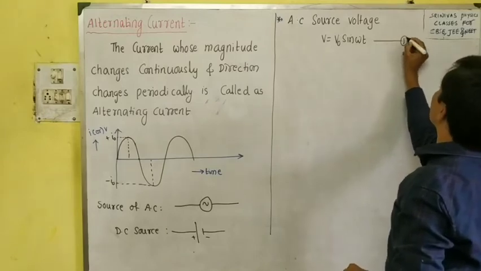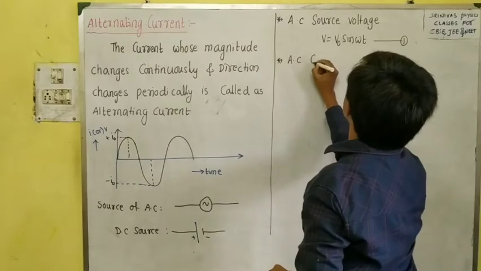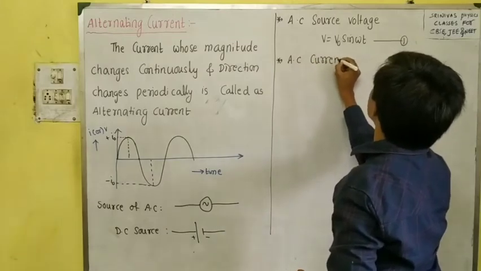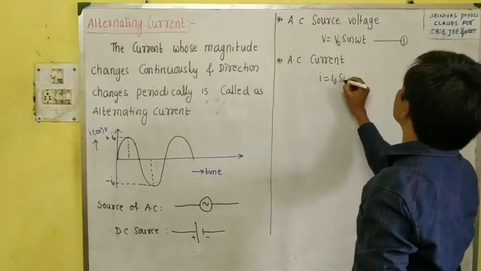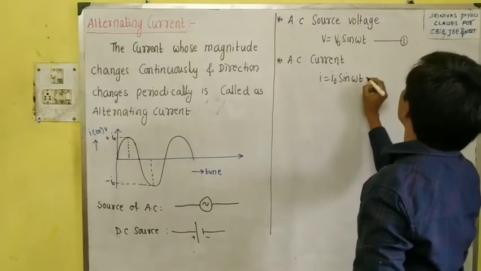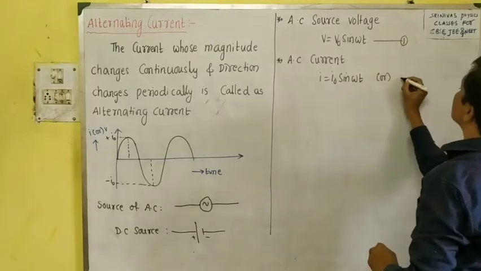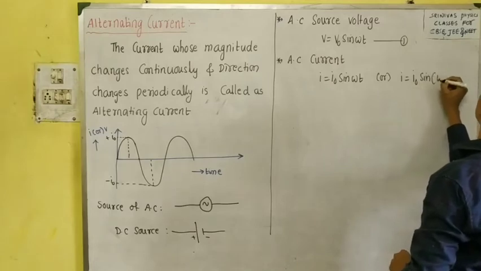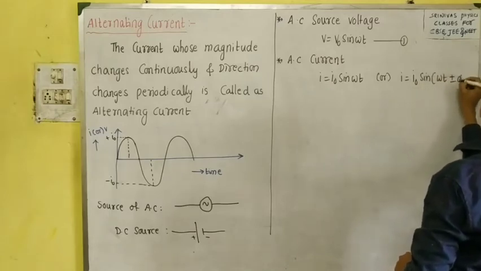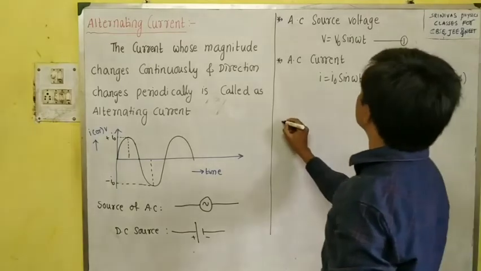And AC current, alternating current, we write either I is equal to I naught sin omega t, or sometimes I is equal to I naught sin omega t plus or minus phi. This is equation 2. What is omega in this?